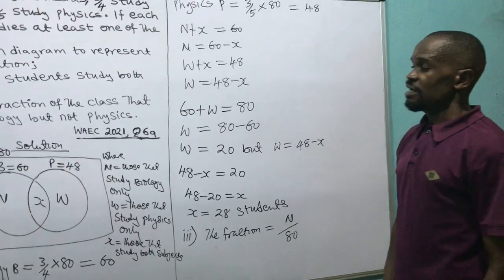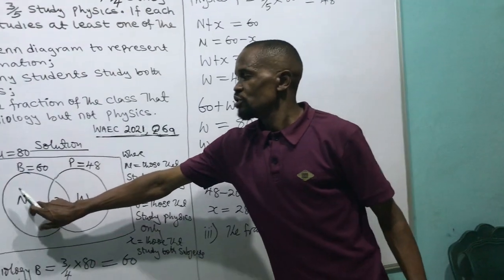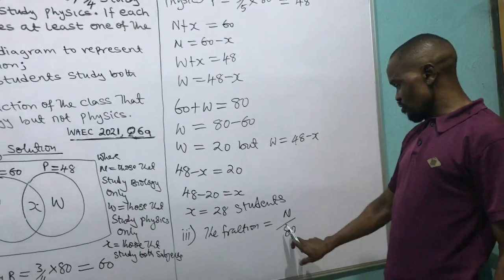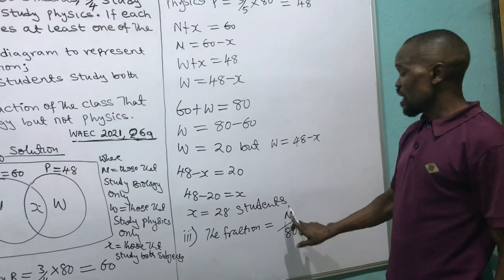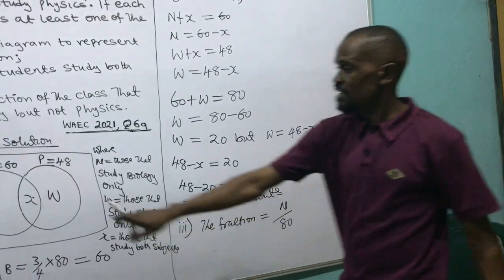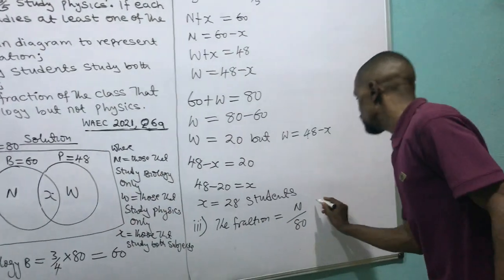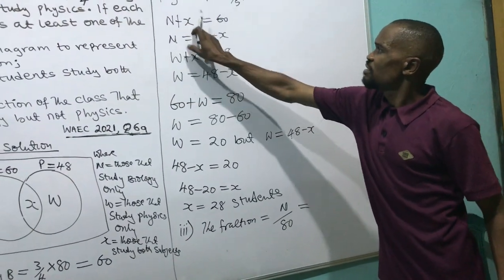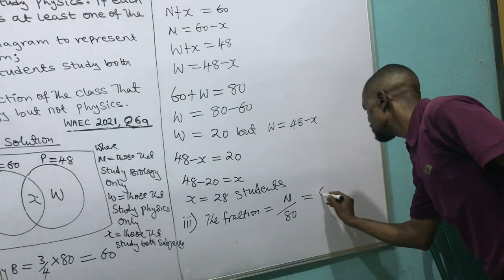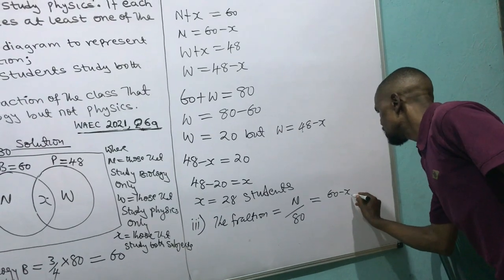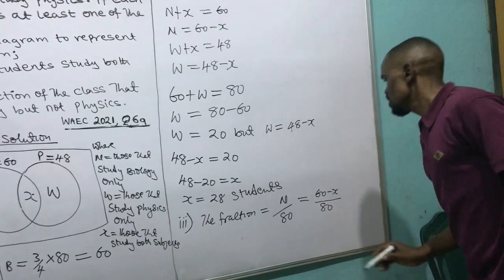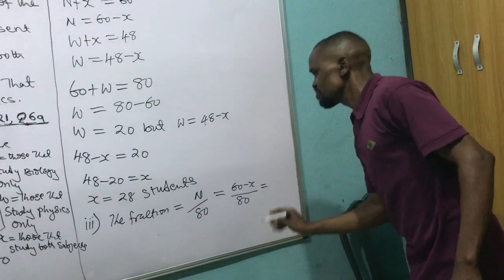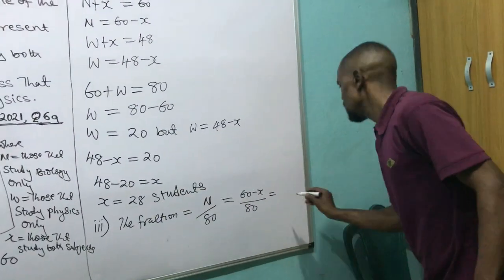Then N is the people that study only biology out of the total number of students. I know my N to be 60 minus X all over 80. And what is my X? My X is 28.